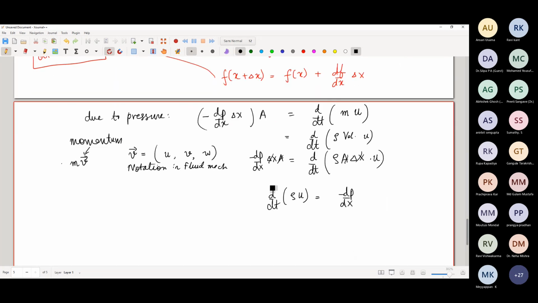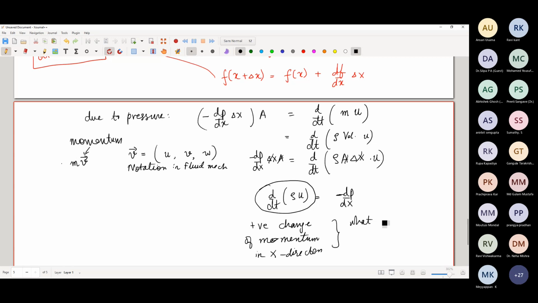That in order to have a positive change of momentum in the x direction, what should be the sign of dp dx?